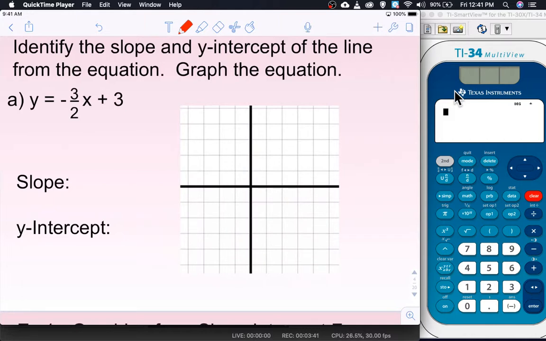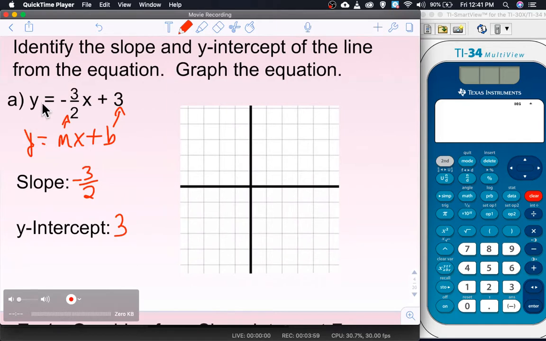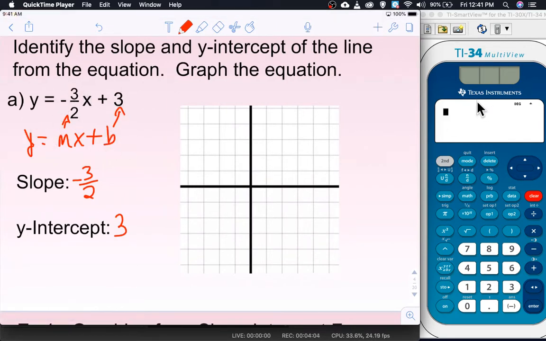Okay, not too bad. We remember this formula is y equals mx plus b, where the m piece is our slope and the b piece is the y-intercept. So the slope here is negative 3 over 2, and the y-intercept is 3. Okay, this is my slope, this is my y-intercept.